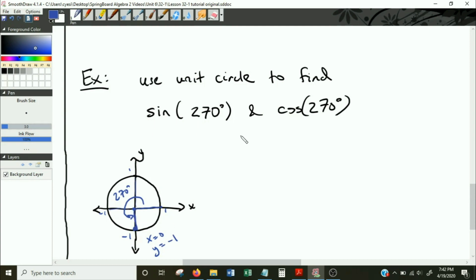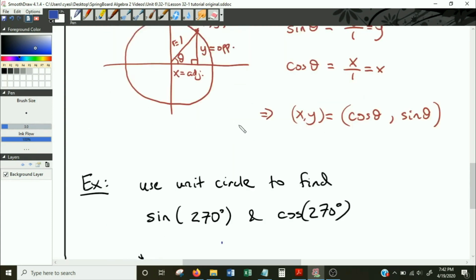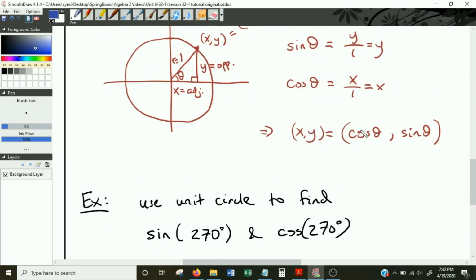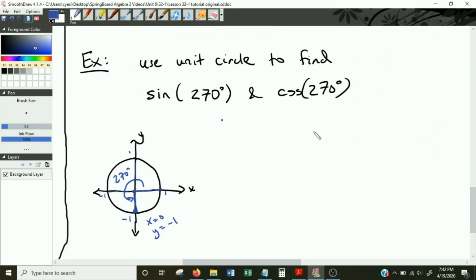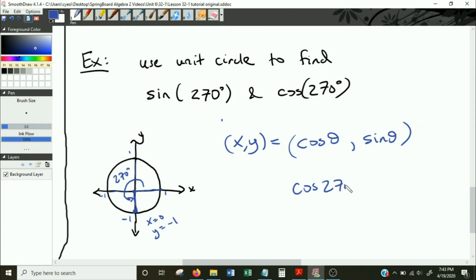So for sine of 270, let me go back up real quick. It was x is equal to cosine theta, y is equal to sine theta. So let me write that down here. X is cosine of theta, y is sine of theta. And cosine of theta, which is cosine of 270, is equal to x, but x is equal to 0.